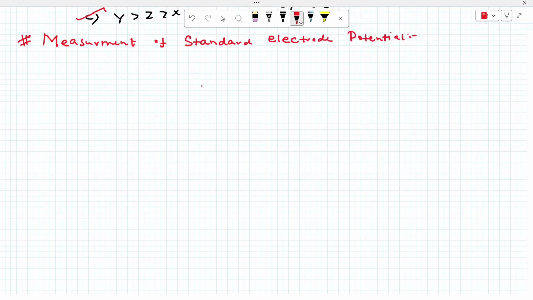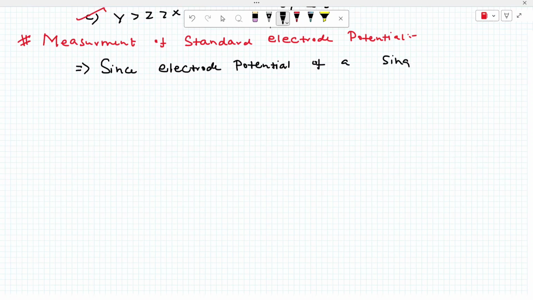potential. Again, please note, this is a very important point: the potential of a single electrode cannot be measured directly.